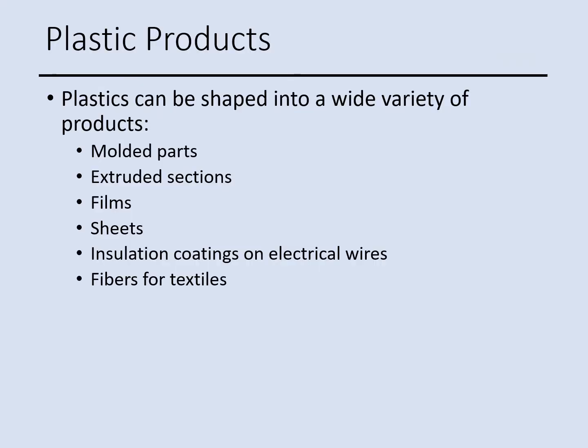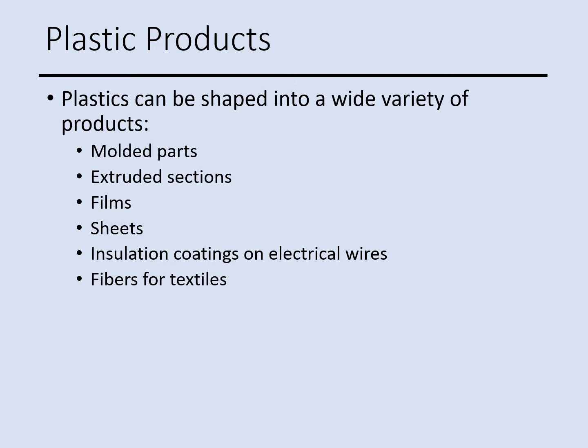Plastic can be shaped into a wide variety of products, like molded parts, extruded sections, film, and sheets. We can make insulation coating for electrical wires.